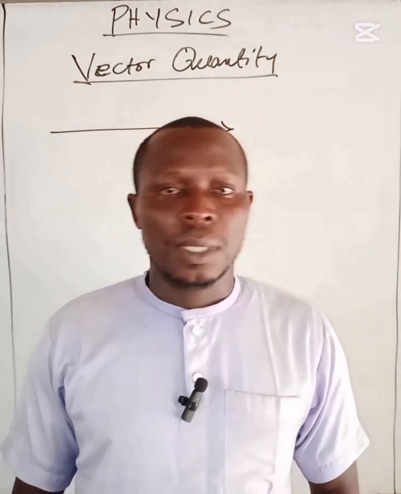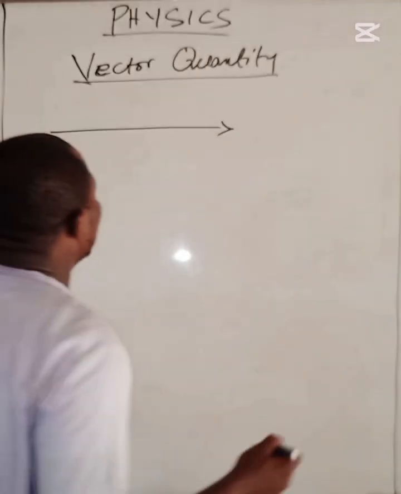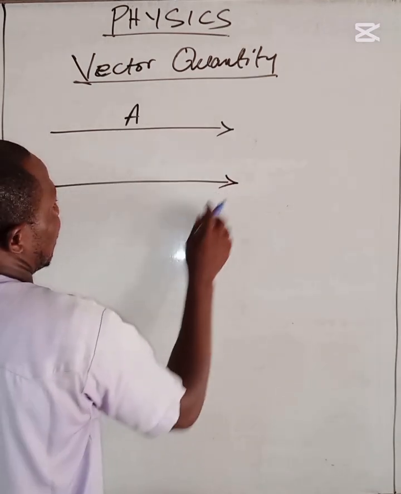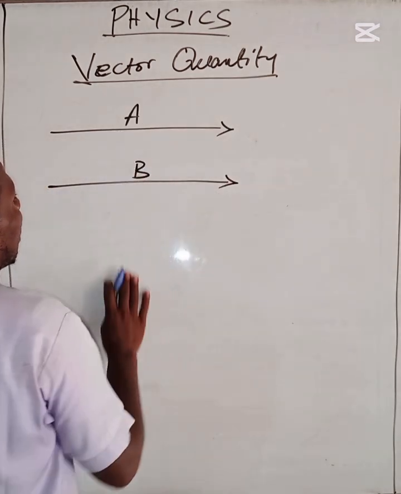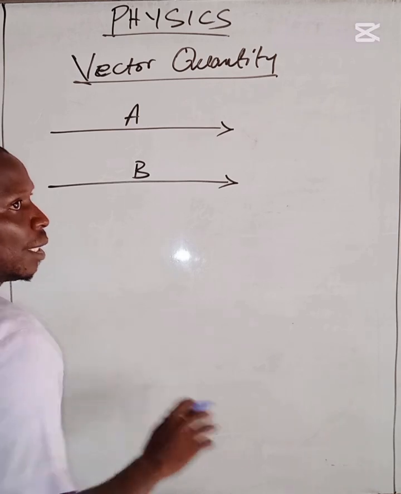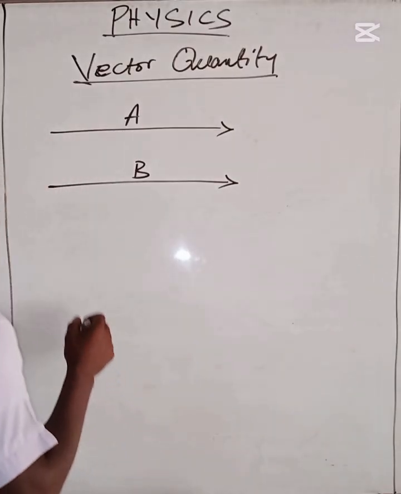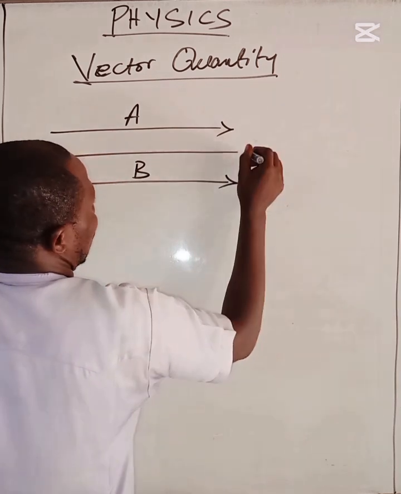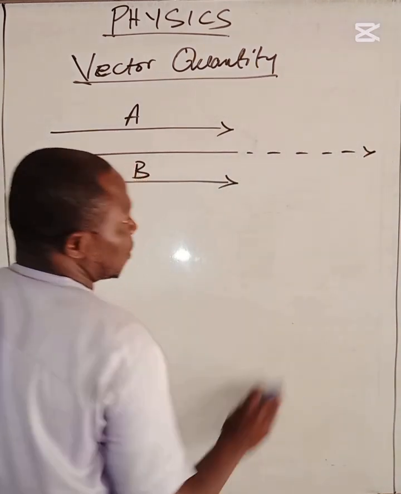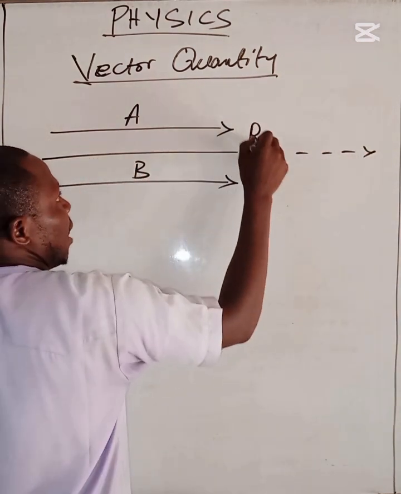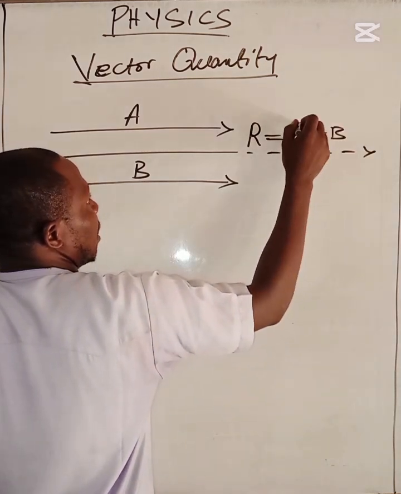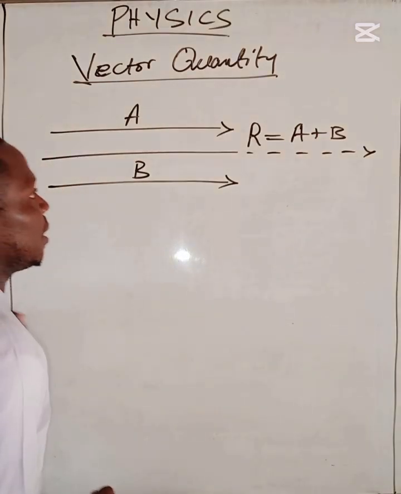of movement. Okay. Now, if we have, let's call this one vector A, and we have another vector B moving in the same direction as A. If you want to add these vectors, the combination of the two is called the resultant vector. The resultant vector, which is R, is going to be A plus B because they are moving in the same direction.